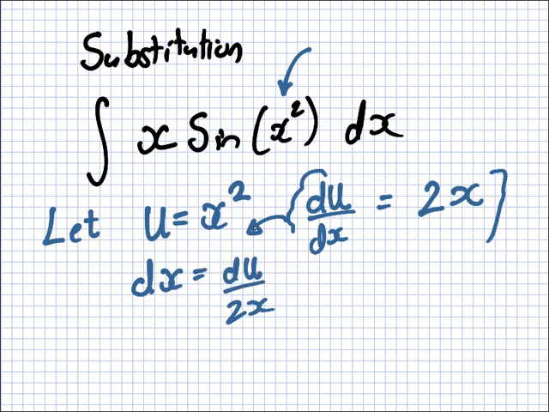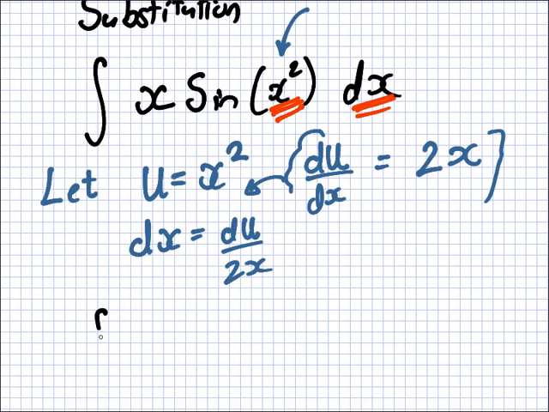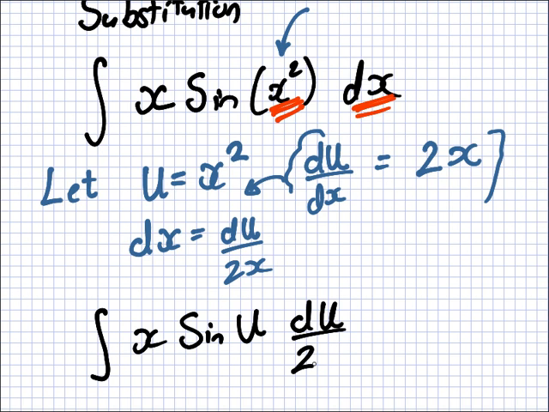Then I go back to my question and start replacing. So this x squared, what does it get replaced by? It gets replaced by u. And the dx, what does it get replaced by? du over 2x. So let's integrate x sine u du over 2x.